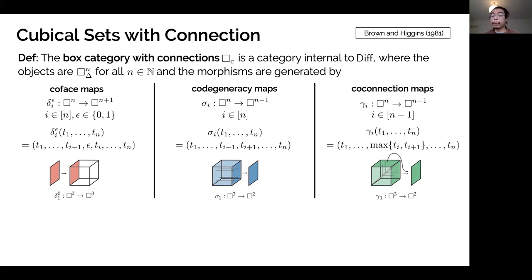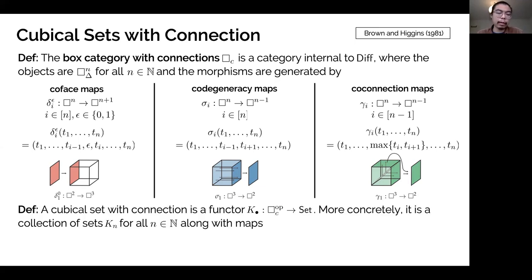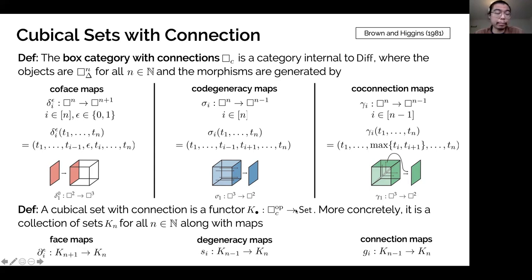So I've put a smooth structure on these cubes such that these maximum functions are defined to be smooth. And in particular, we can talk about geometric realization of cubical sets in this category of differentiable spaces. And so a cubical set with connection is just a functor from this box category with connections into sets.